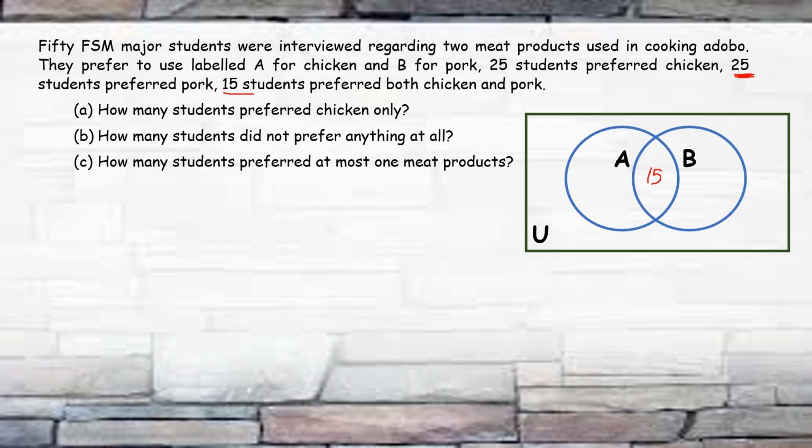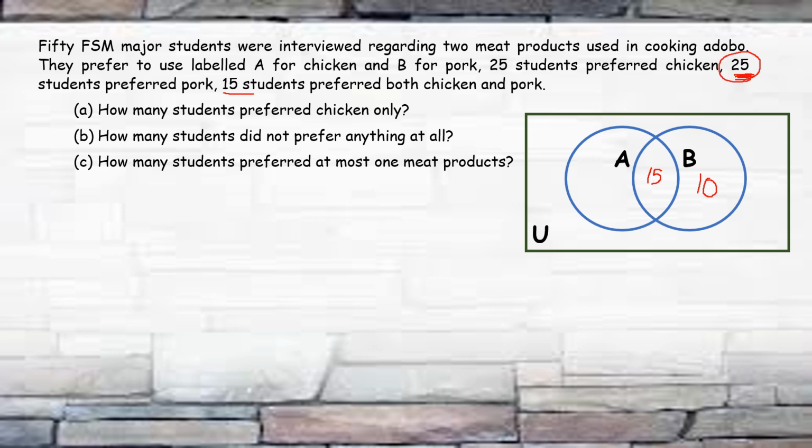Eh, the 15 already chose pork. So, how many FSM students do we need here para mabuo yung 25? Kung 15 na yung naunang pumili. Pero nga lang, both yung pinili nila, but still, they prefer the pork. So, 10 na lang. 'Di ba? 15 plus 10 is 25. So, ito na yon. Okay?